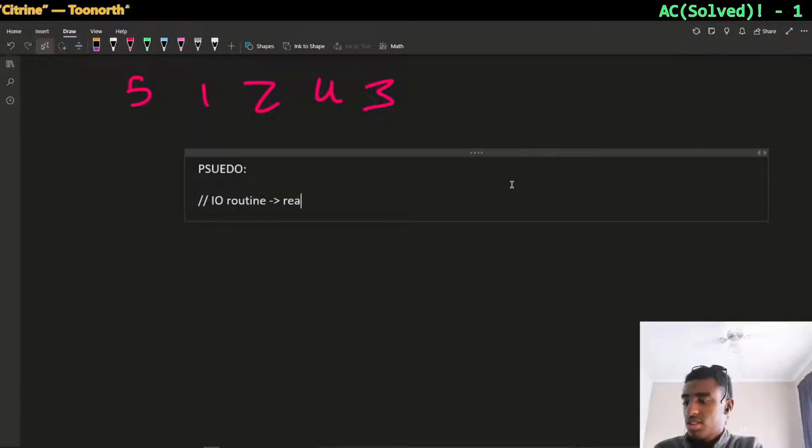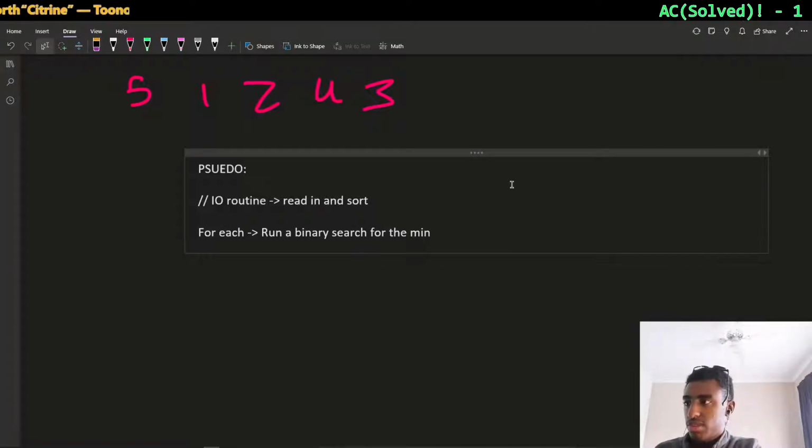I'll write a routine to read in and sort, and then for each, run a binary search for the min value.